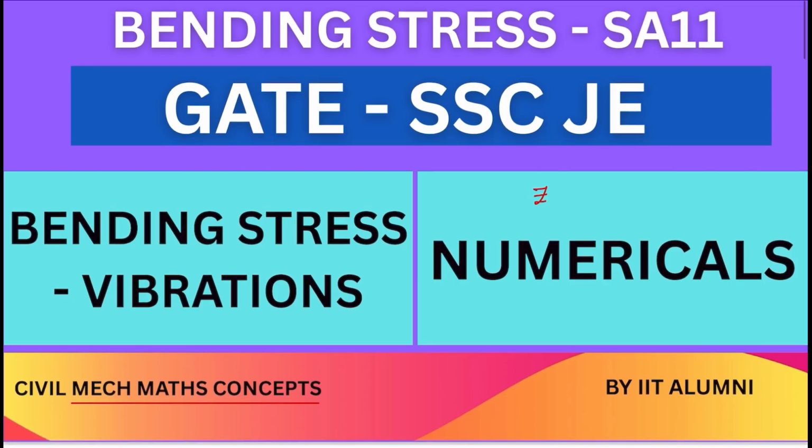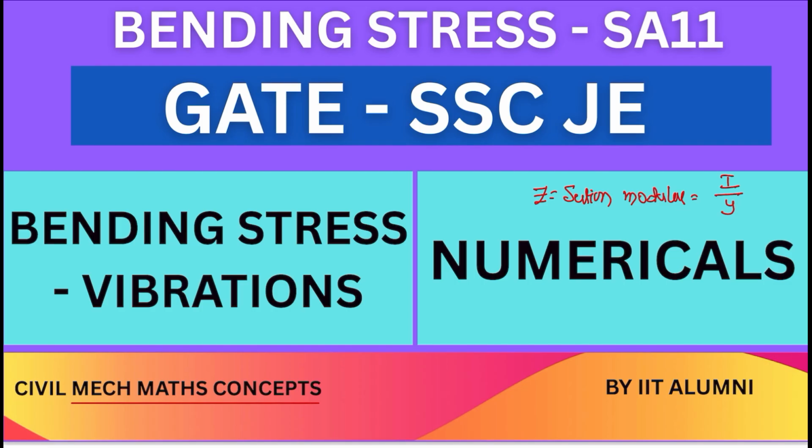Z is equal to section modulus, that is equal to moment of inertia by y. Y is the fiber distance under consideration from the center of gravity, at which point we require the section modulus.